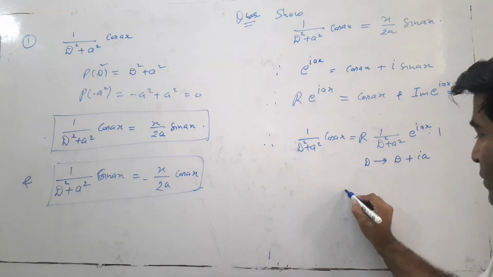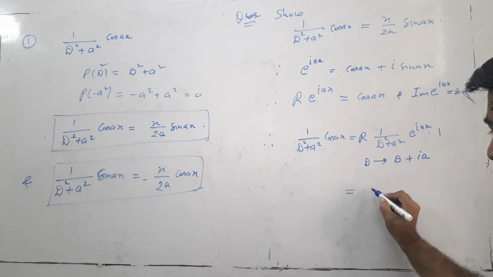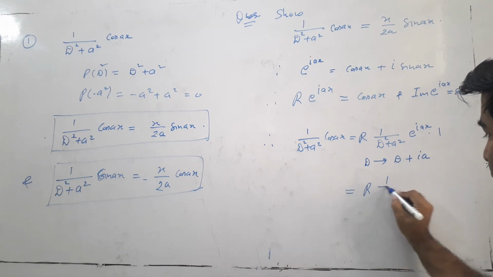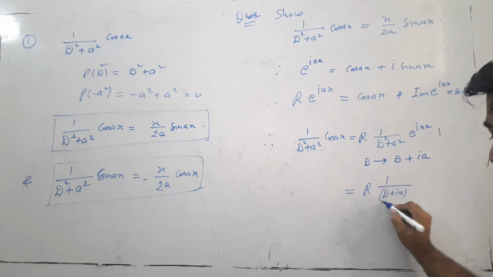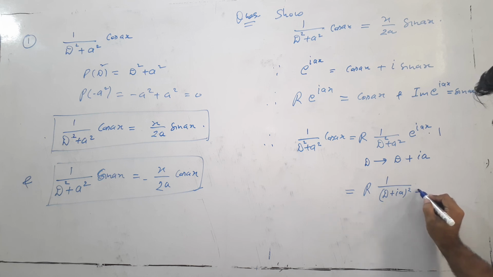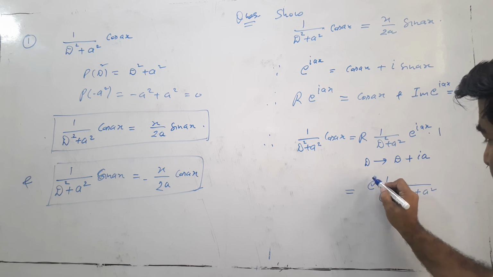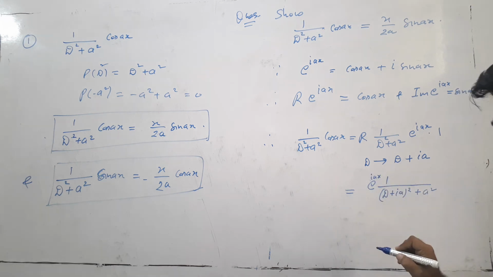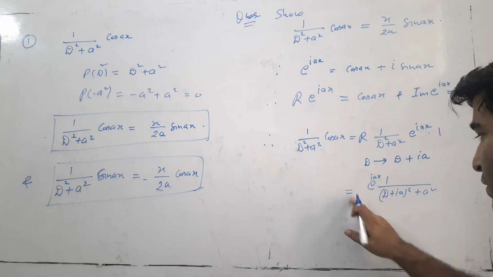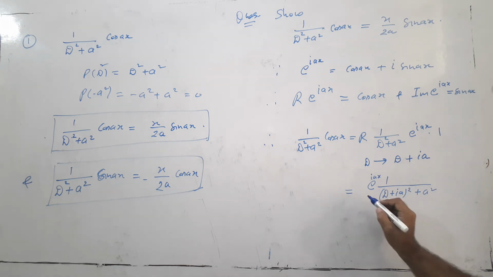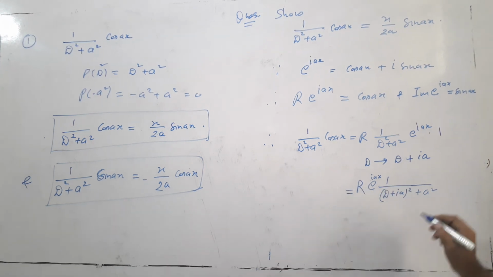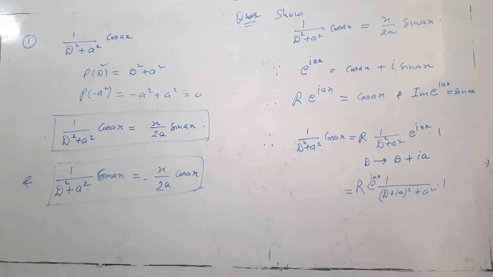Okay, so this will be the real part of 1 upon d plus ia whole square plus a square, and we take e to the power iax outside of this operator, and here is 1.